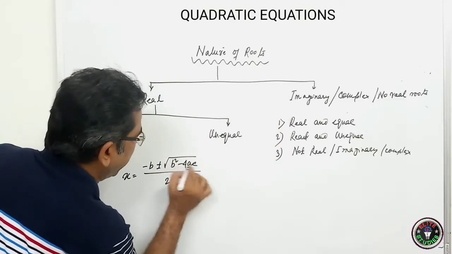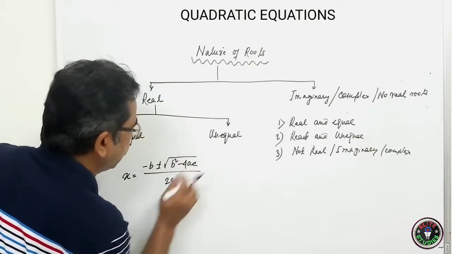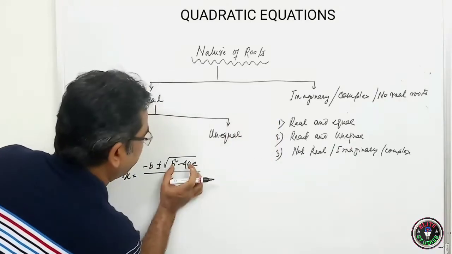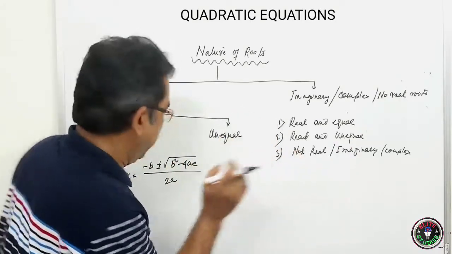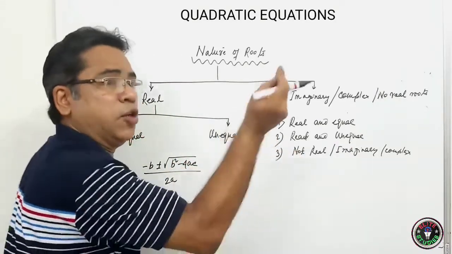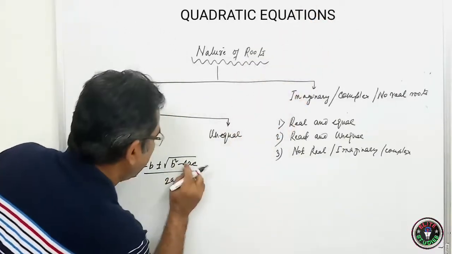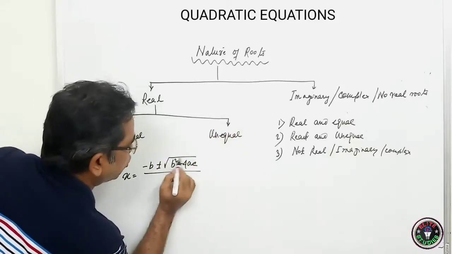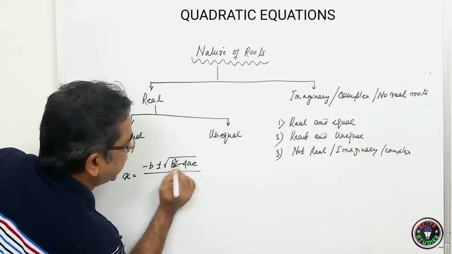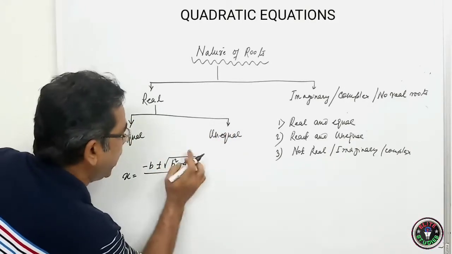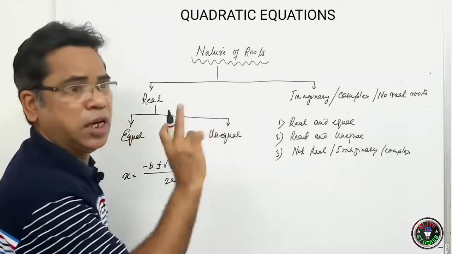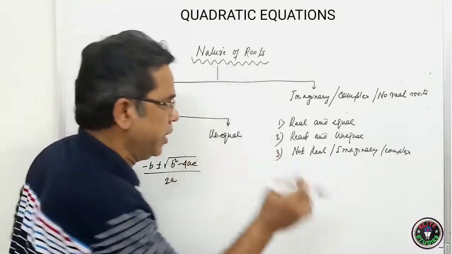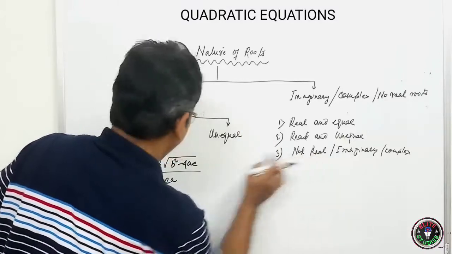Because this b square minus 4ac is under a square root, it may so happen that b square minus 4ac may be 0, b square minus 4ac may be greater than 0, means a positive number, or b square minus 4ac may be a negative number. As I told you, if b square minus 4ac comes out to be negative, then square root of a negative number is not defined over real numbers, so that will become imaginary.